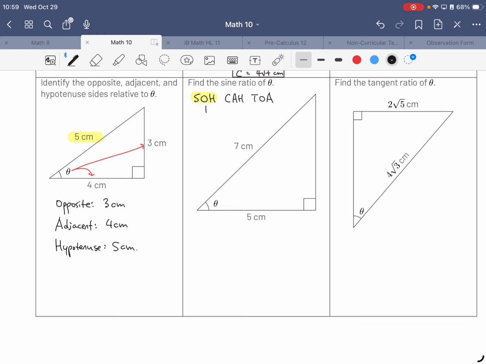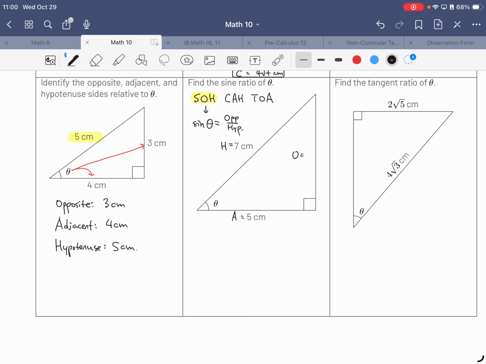Well, it means that the sine of theta is equal to opposite over hypotenuse. In other words, I need to know the length of the opposite side of this triangle. Now, do I know the opposite side of this triangle? Well, I know that h, the hypotenuse, is 7. I know that a, the adjacent, is 5, but I do not know the opposite side.